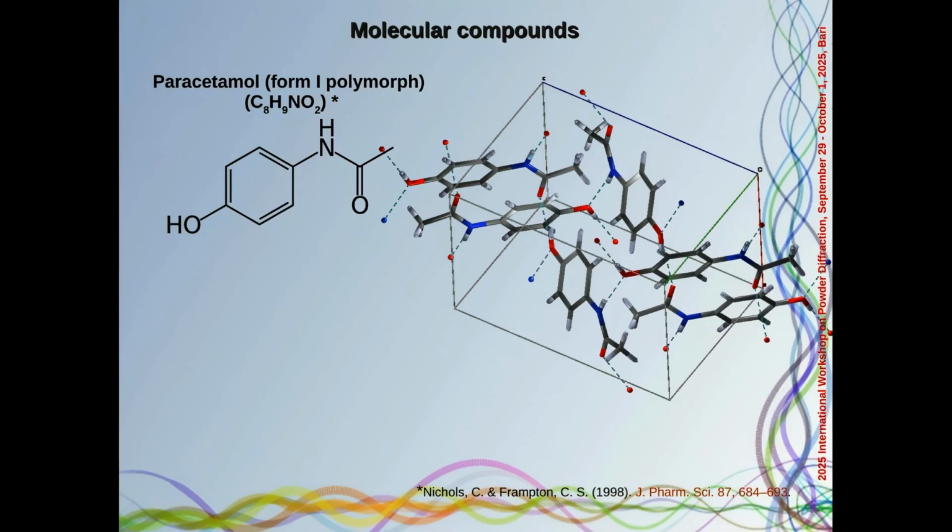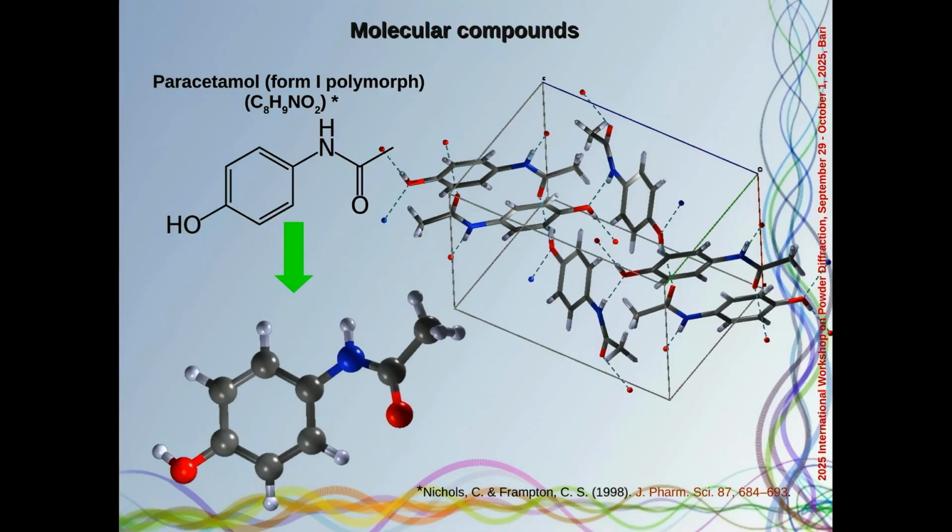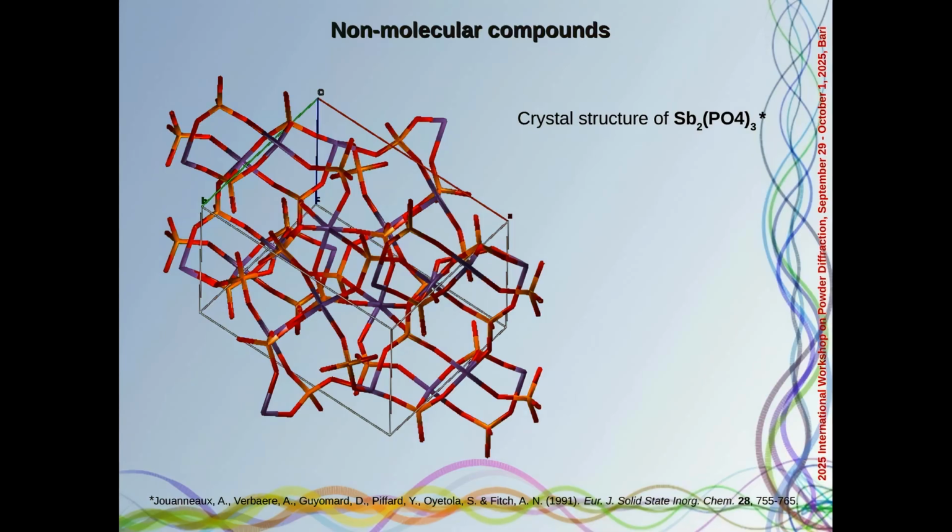So in this case, the molecule is naturally a building block. For example, if you are solving the crystal structure of paracetamol, your starting model is the molecule of paracetamol. But if you are solving a non-molecular compound constructed by a network of chemical bonds extended in three dimensions of space, it may not be easy to immediately identify your starting model.